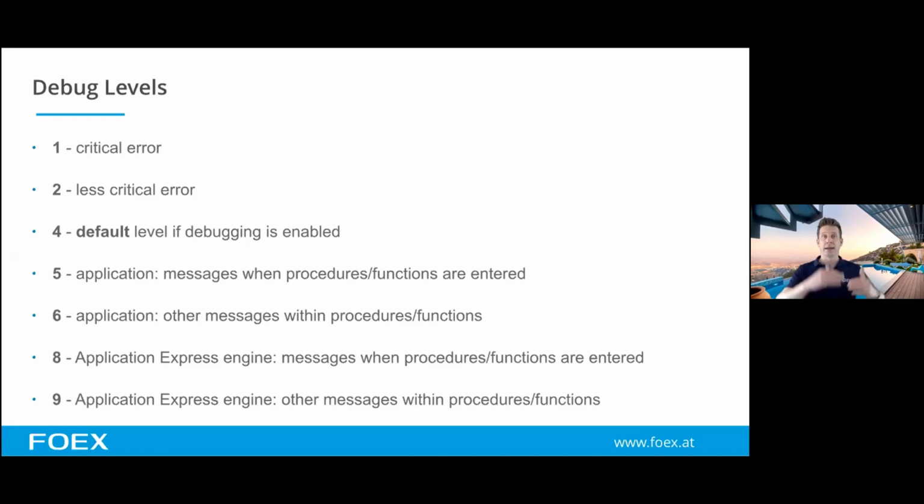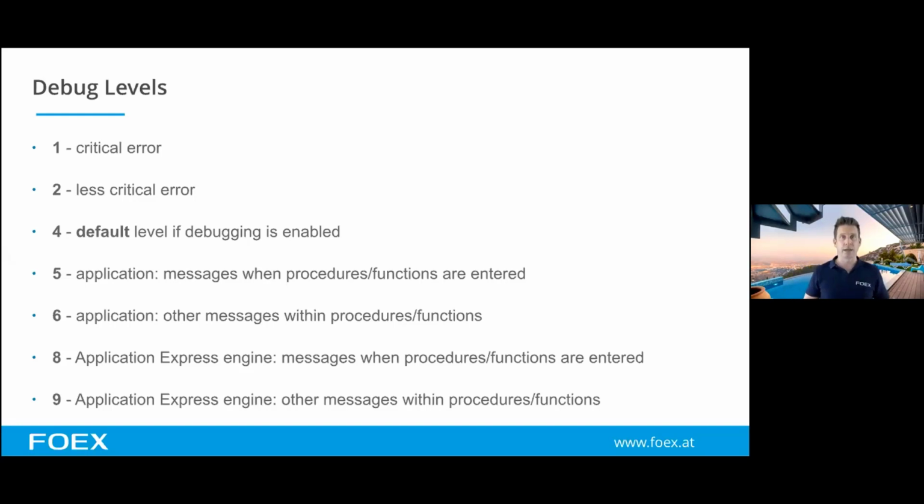There should be granularity levels. And you can see there it's 1 through 9. Funnily, 3 and 7 are not used, but you could use them yourself if you want. So 1 is like the least informational level, and 9 is very verbose. It dumps out a ton of extra information. So choose the level wisely.